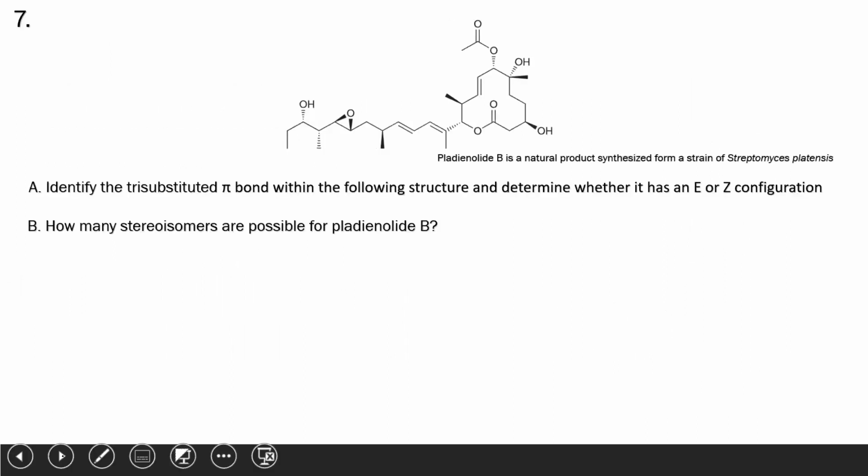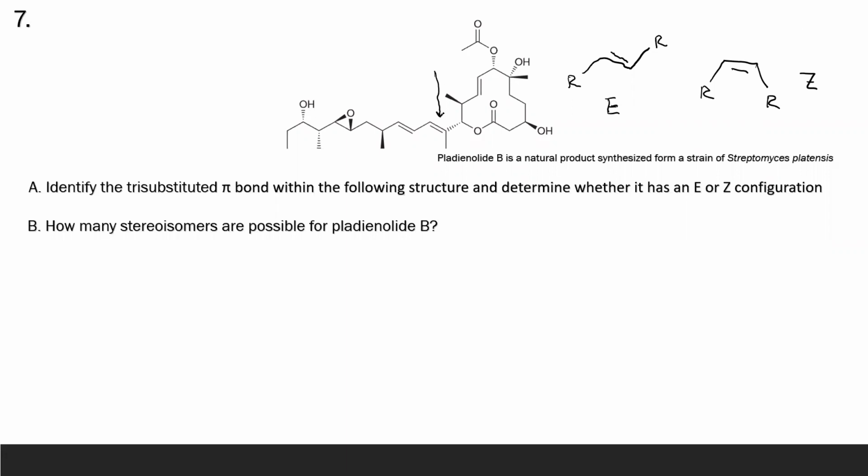Okay, question 7. Identify the tri-substituted pi bond within the following structure and determine whether it has an E or Z configuration. Okay, let me draw out a little cheat sheet for you guys here. Okay, so the only alkene that's tri-substituted is right here.